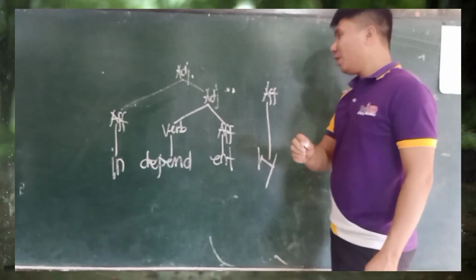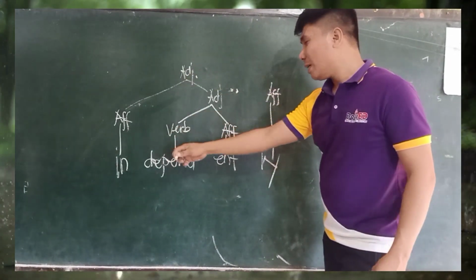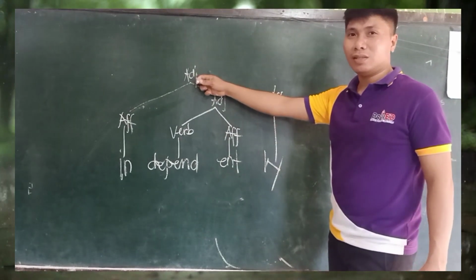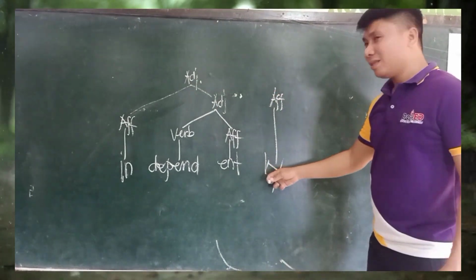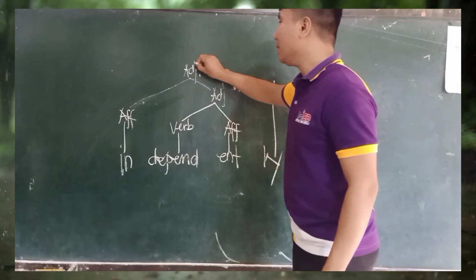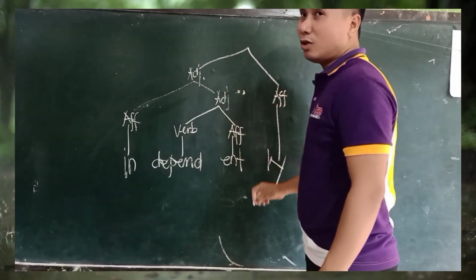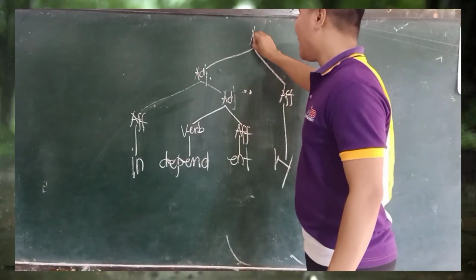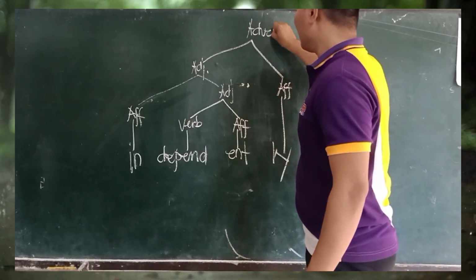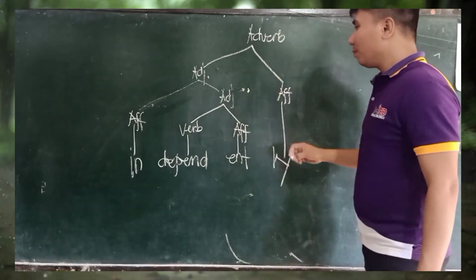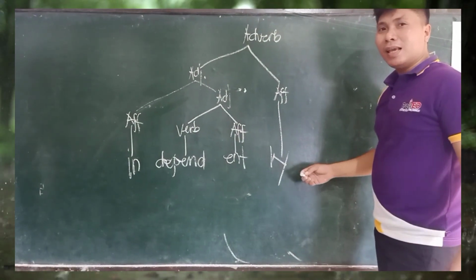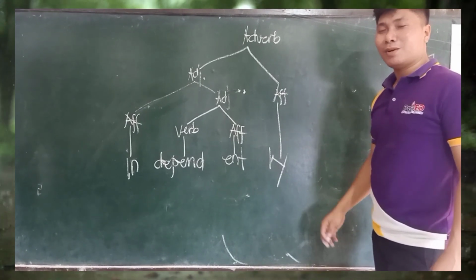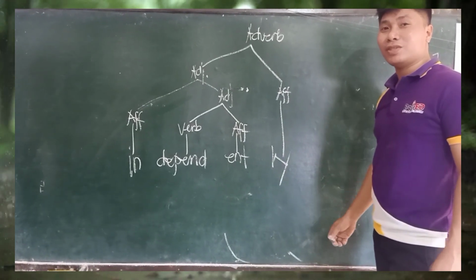And if we connect this independent as an adjective into an affix, ly, it will create another part of speech, which is an adverb. So, independently is an adverb. So this is your morphological tree.